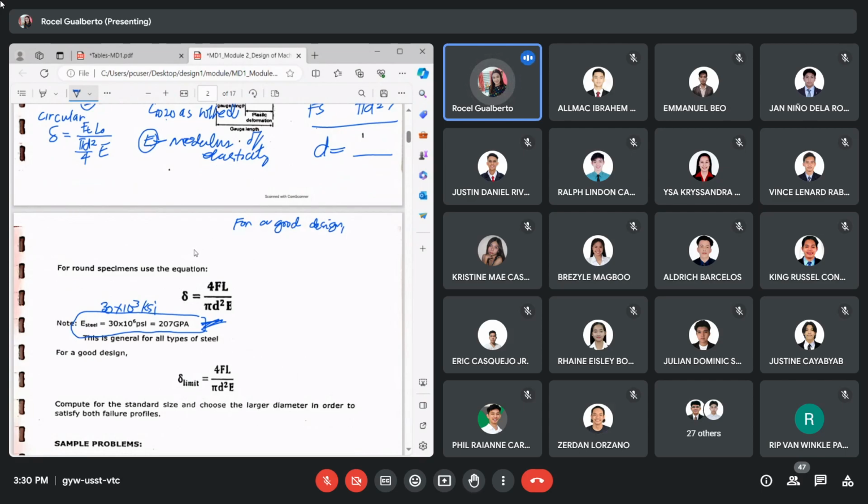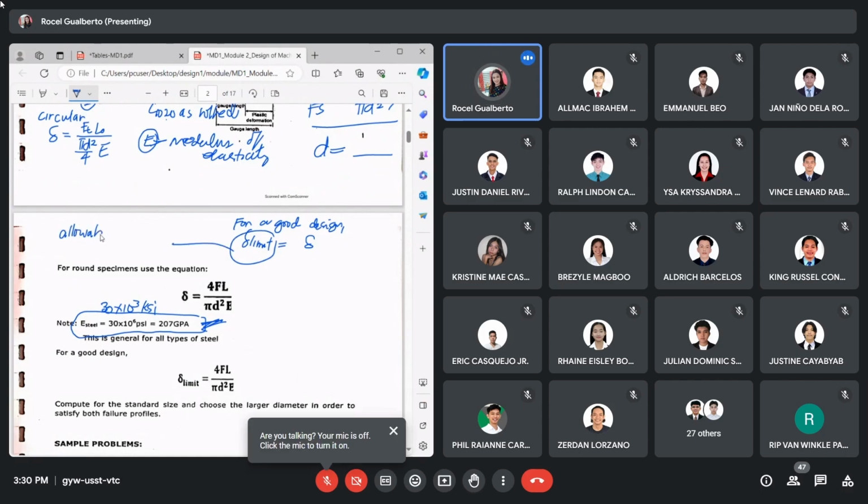Kung doon po, we equate the design stress to the induced stress of the material, here naman po, we equate the allowable limit of deformation to the actual deformation. Okay? So, ang tawag po dito, okay, ang tawag po dyan is allowable limit of deformation. Okay? It's the allowable limit of deformation.